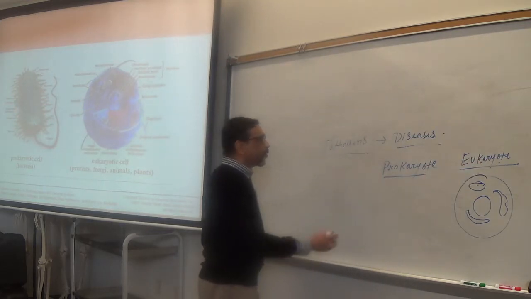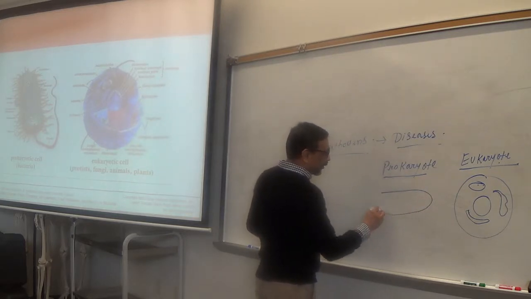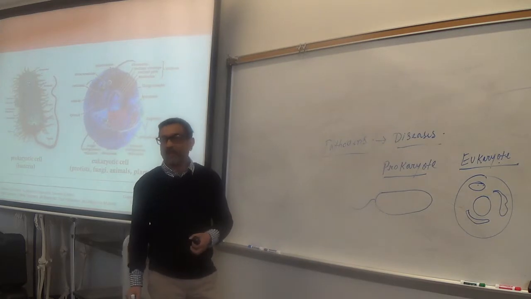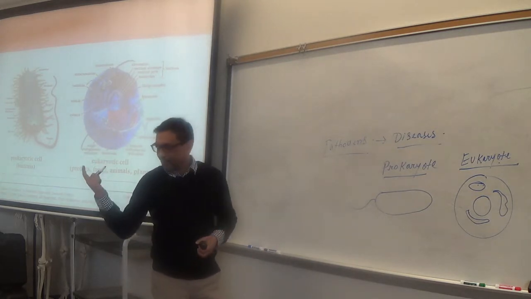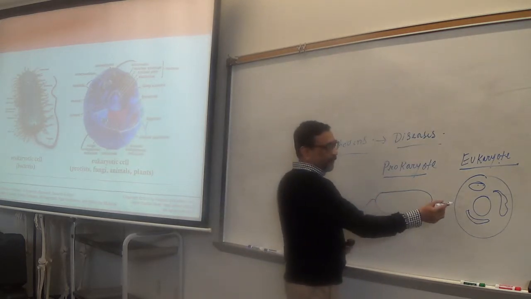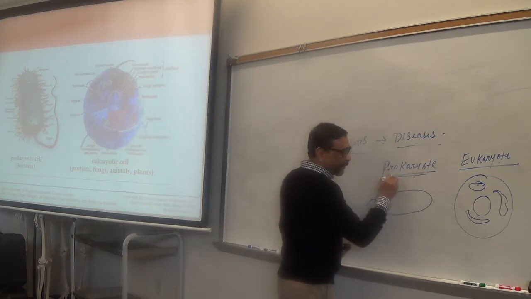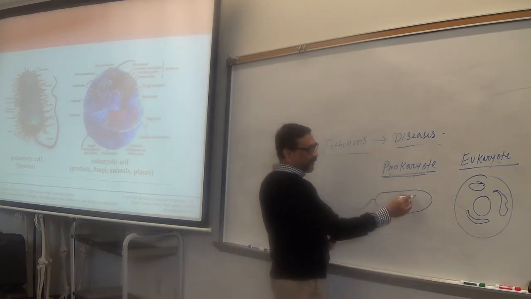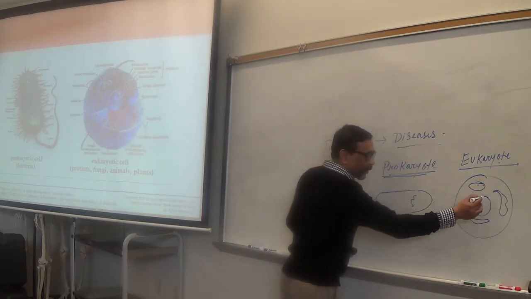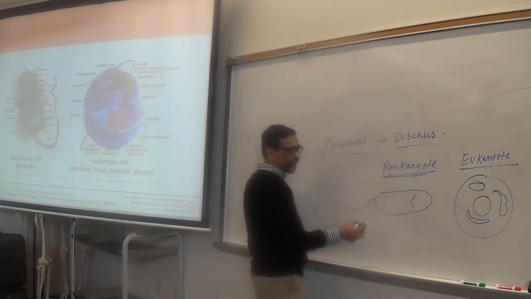Prokaryotes are unicellular, like single cell microorganisms. Example, bacteria, only one cell. And another difference is that inside the prokaryote, the DNA is not present in a nucleus. No membrane bound nucleus is present.